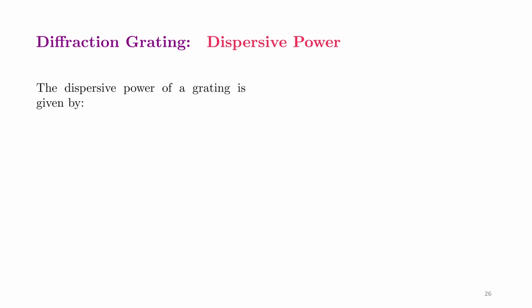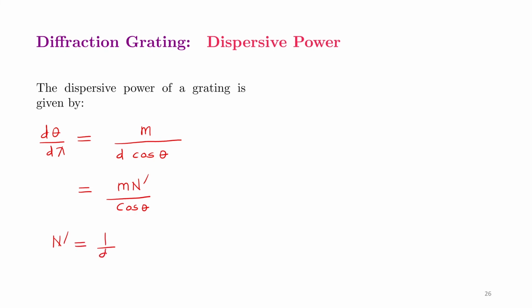Another important parameter with respect to a diffraction grating is its dispersive power. The dispersive power of a grating is defined to be d theta over d lambda, and this is equal to m over d cos theta. And this can be written as m n dash over cos theta, where n dash is 1 over d.